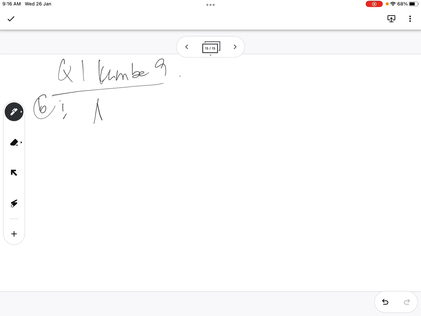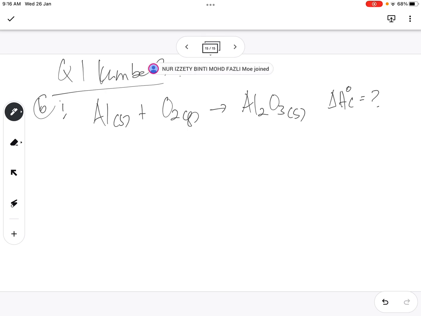Aluminium solid burns in oxygen gas and produces aluminium oxide, not carbon dioxide, solid. We are talking about the enthalpy of combustion of aluminium. They asked us to calculate the standard enthalpy, so we have to balance the equation.